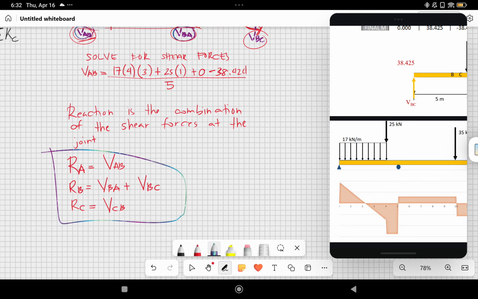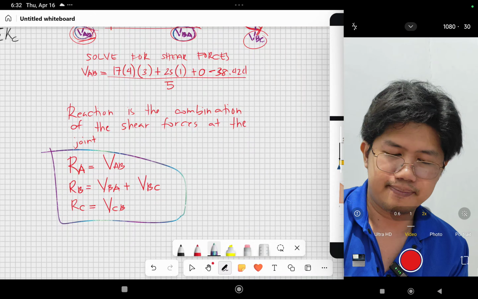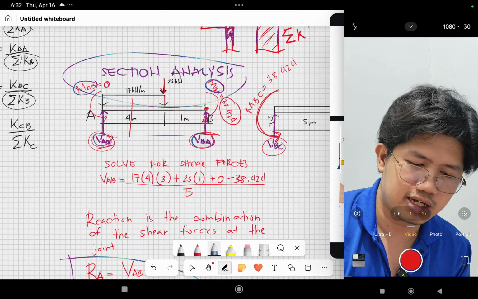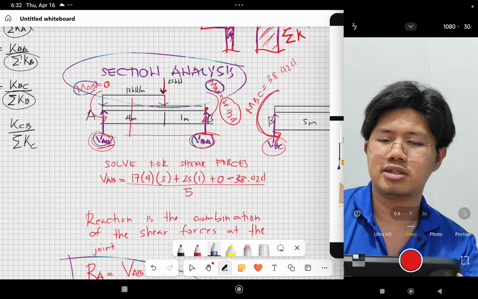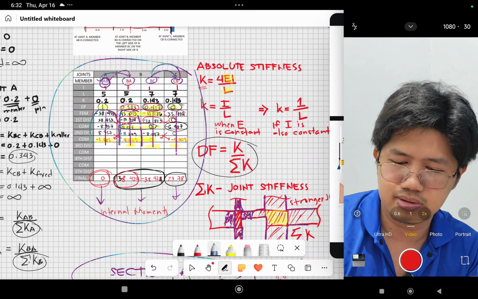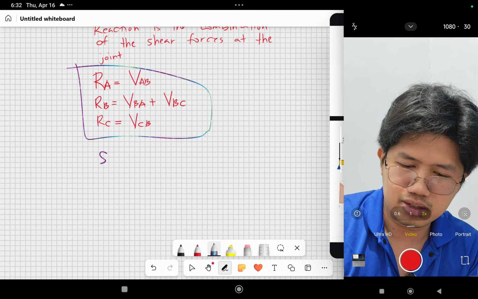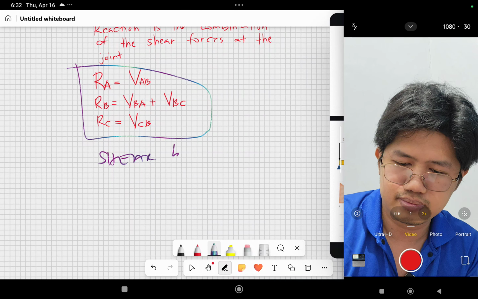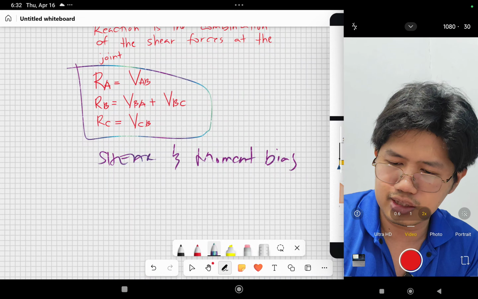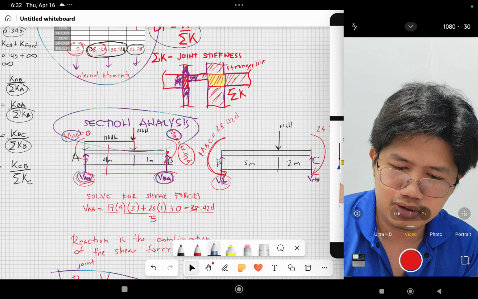So, bandang dulo ng process sa pagkuha ng shear forces, or pag section analysis ka na, wala nang panibagong konsepto sa inyo. Lahat ito is na-discuss na. Yung panibago lang is itong table na to. Pero pagdating dito, you can do that, and then hanggang shear and moment diagram. Okay? So, marunong na kayong gumawa niyan. Kasi kung i-discuss ko isa-isa ulit yung mga ito, baka umabot ng 2.5 hours.